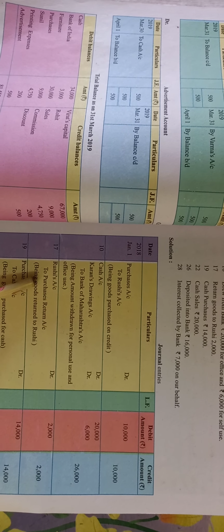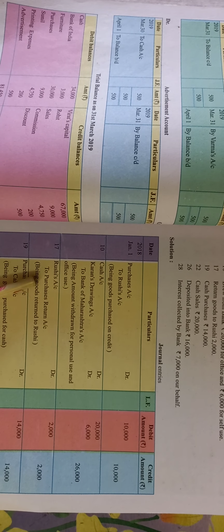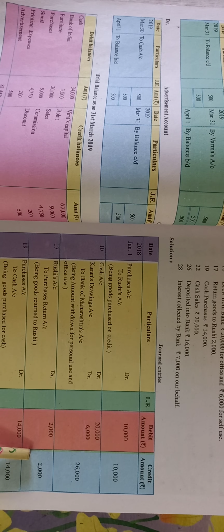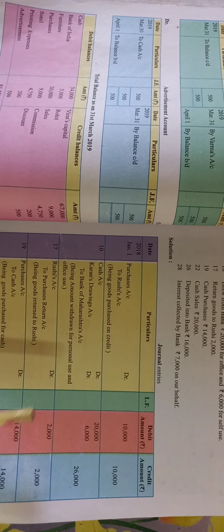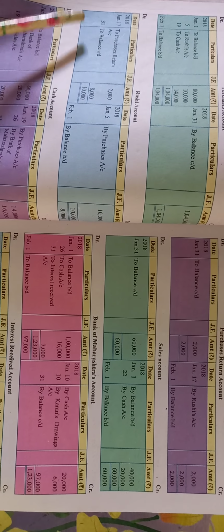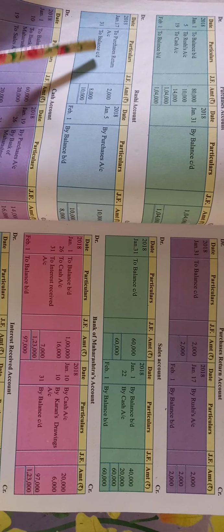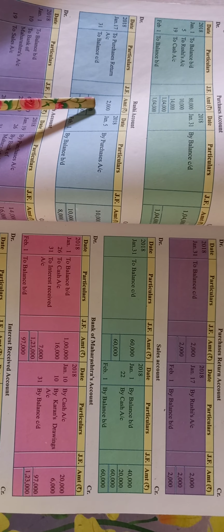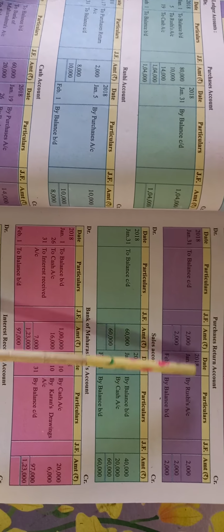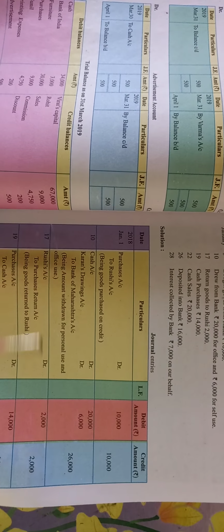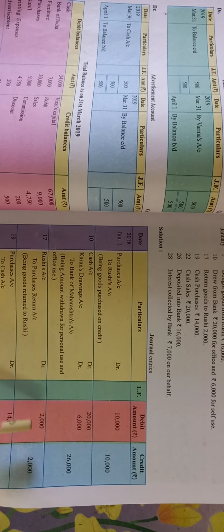Then Rishi's account debit, 17th date. Rishi's account debit to purchase return account. So already we are preparing Rishi's account debit. So in the debit side of Rishi's account we are posting to purchase return account 2,000 rupees. And here also we have to open the purchase return account. Okay. So the purchase entry is here, Rishi's account entered.